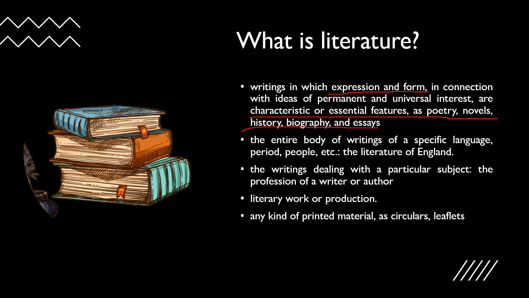Literature is also considered as the entire body of writings of a specific language, period, people, and so on. For example, we have the literature of England, the literature of Asia, Afro-Asian literature, and so on.